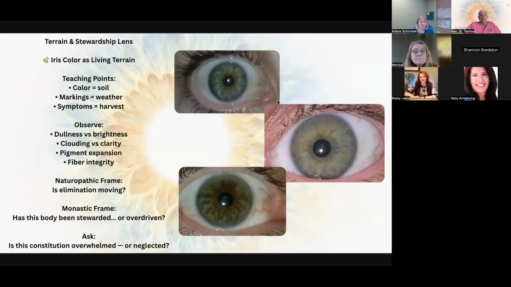So, the terrain stewardship lens. What we are talking about here is that the color is like the soil, the markings are kind of like the weather, and the symptoms are the harvest. So you'll observe dullness versus brightness.